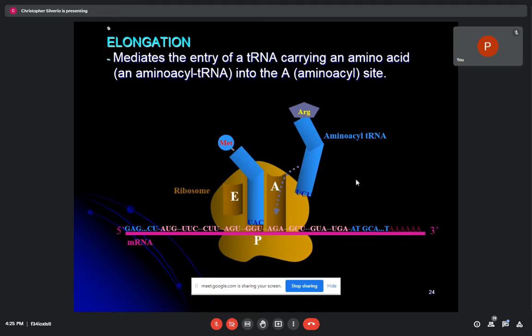No, Doc. It's not the codon of UAC. What is the codon of UAC? The codon for UAC is AUG, the start codon, AUG or methionine. And how come nandiyan siya sa GGU?